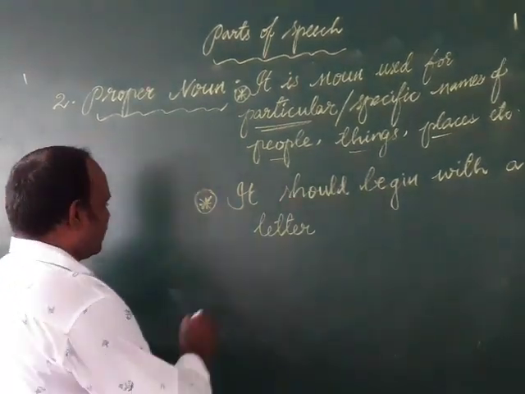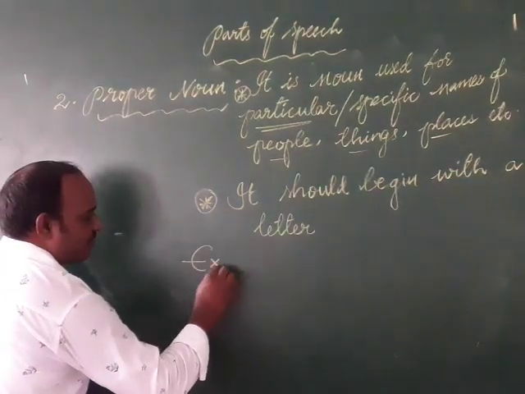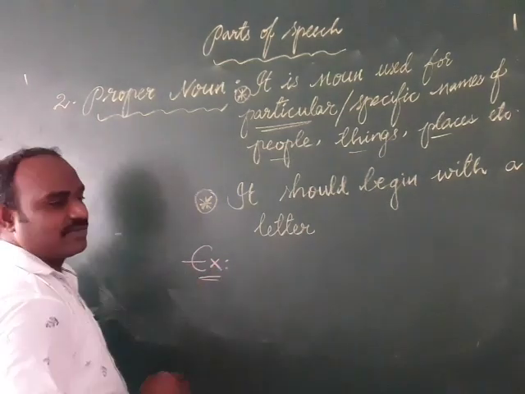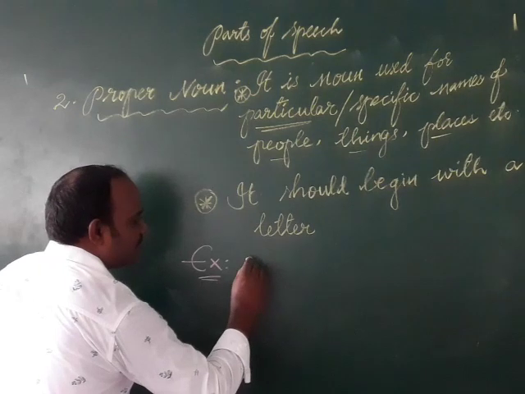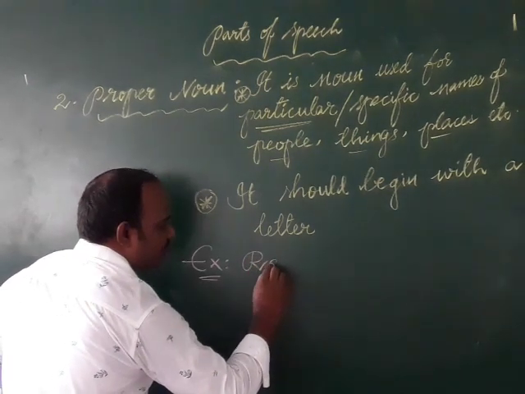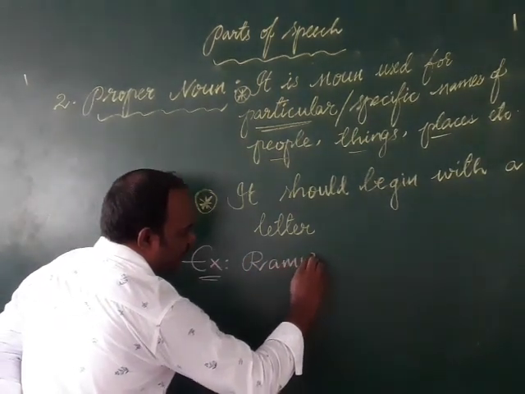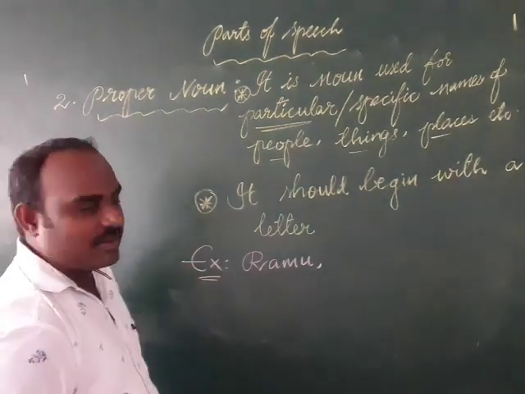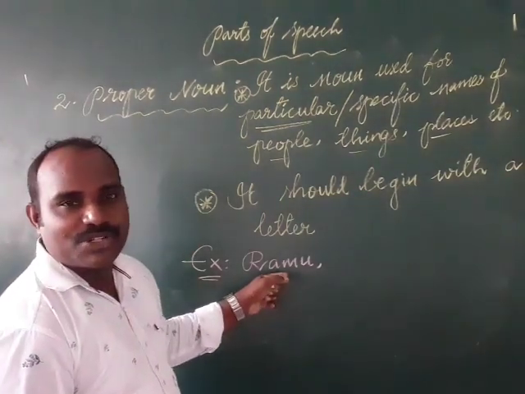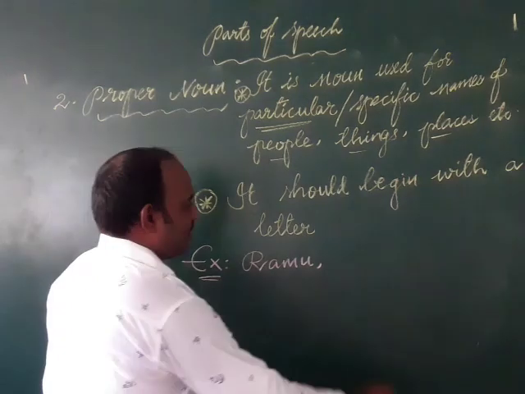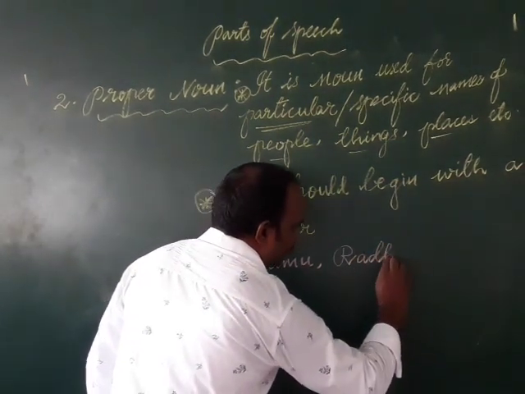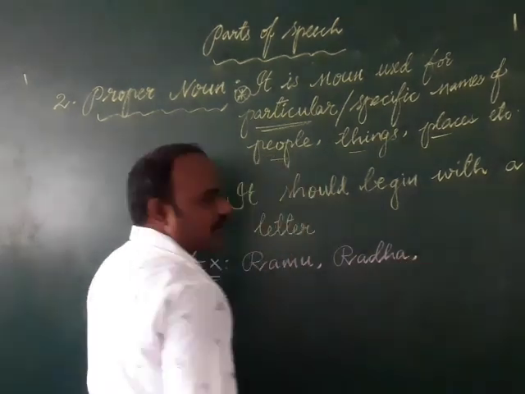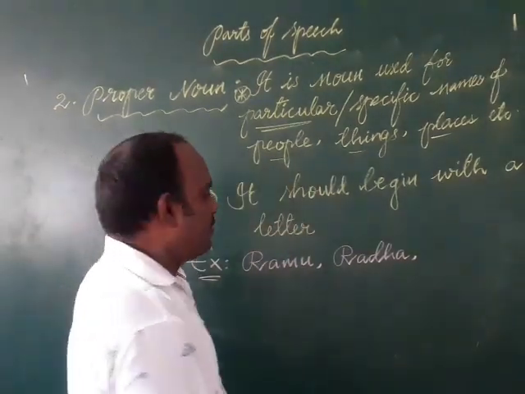Examples for a proper noun. Ramu. Ramu is the particular name of a boy. Radha is the particular name of a girl.